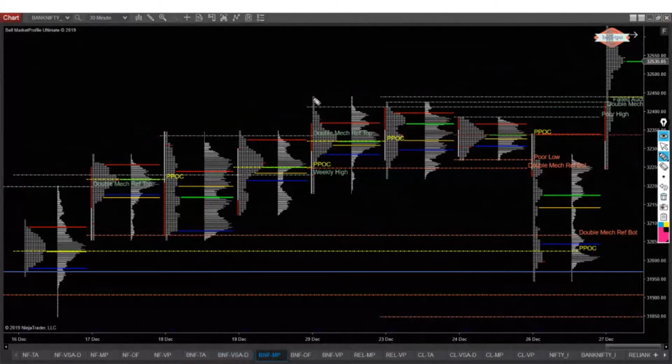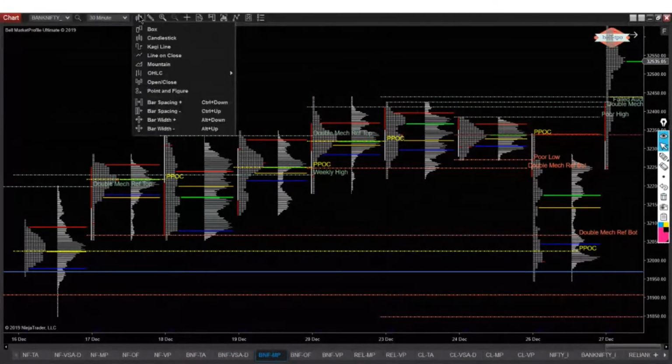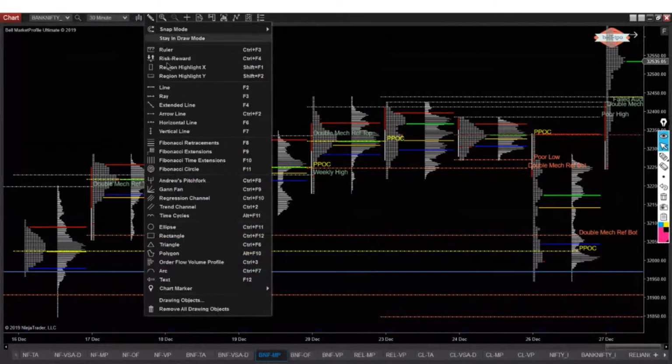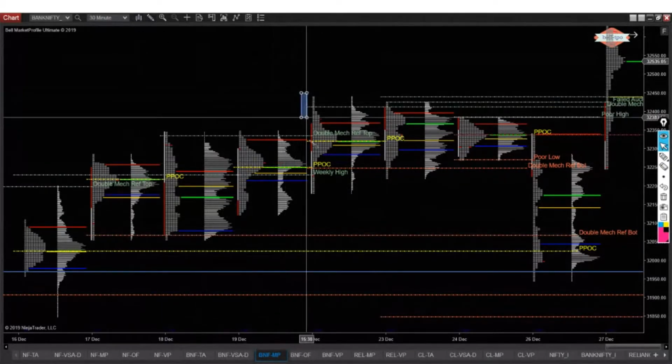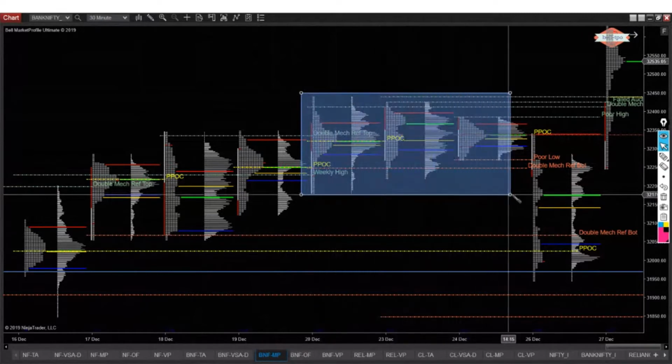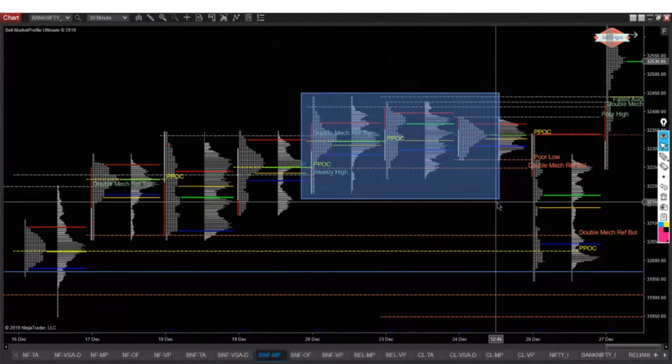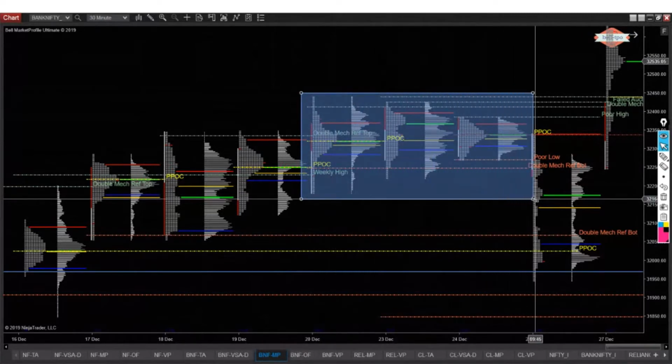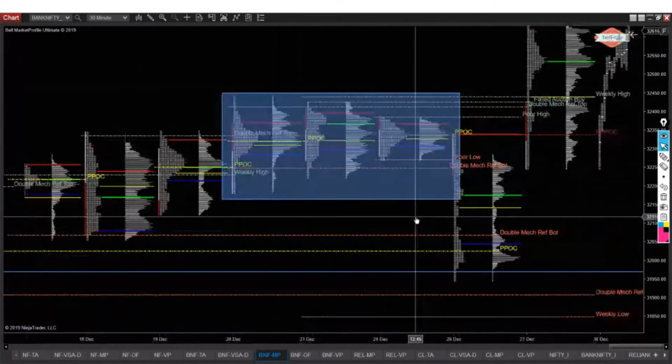So what is happening is, if you see, let me draw a square, that will be much better. Okay.